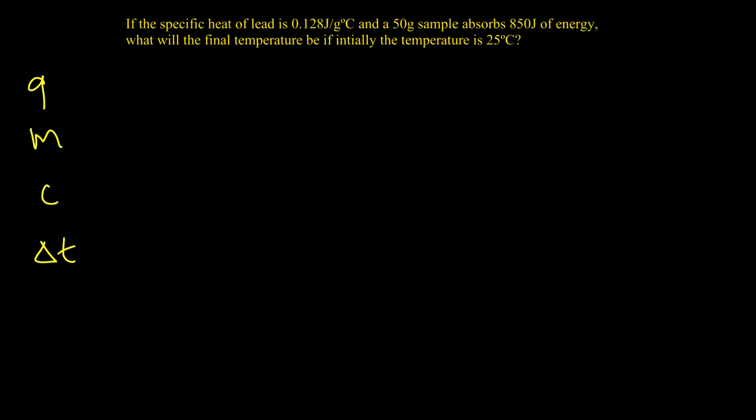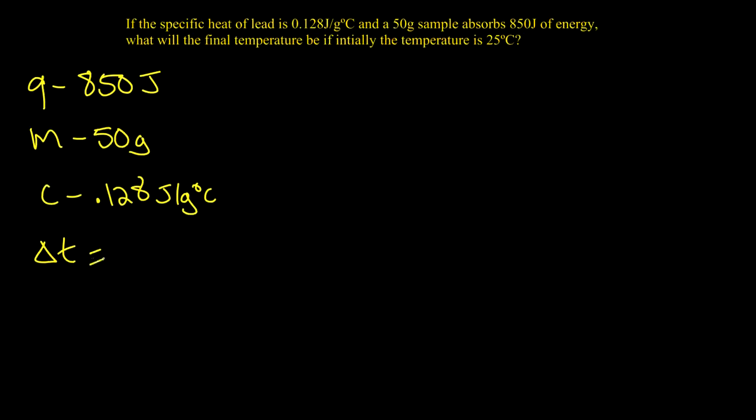It says the specific heat of lead is 0.128. So 0.128 joules per gram degree Celsius. We got a 50 gram sample, that's mass. It absorbs 850 joules, that's Q, that's heat energy, 850 joules.